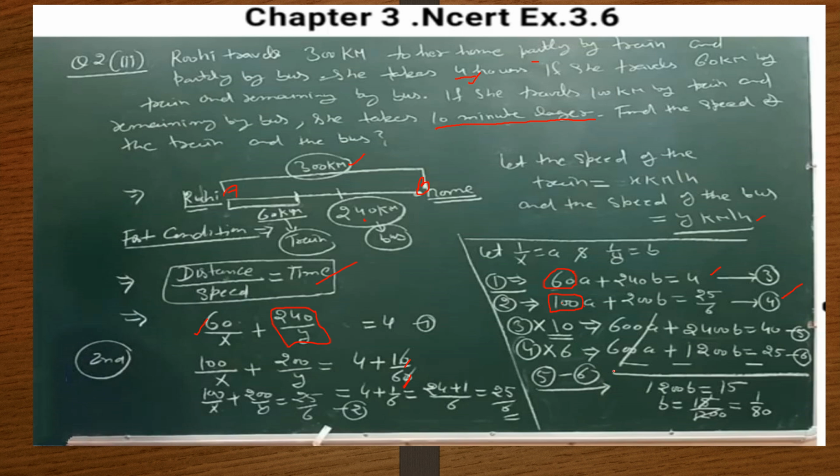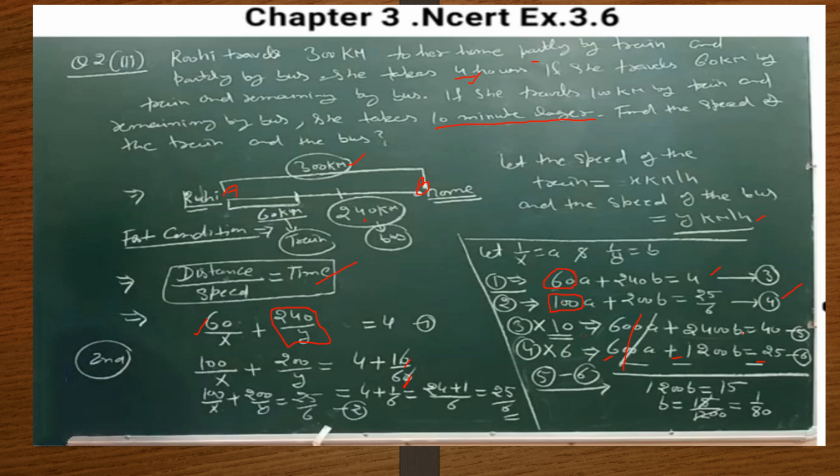Now we will subtract these two equations. When we subtract, we change the sign of the sixth equation. This is minus here, and this is also minus here, so we write minus. We will cancel it: 600a minus 600a is 0.